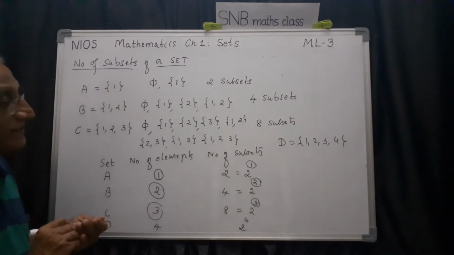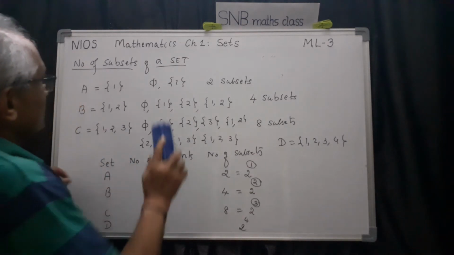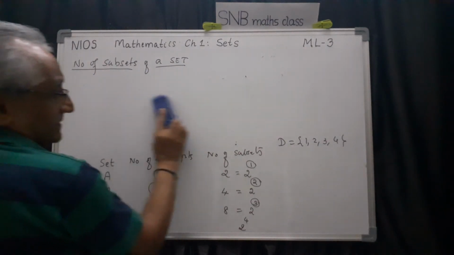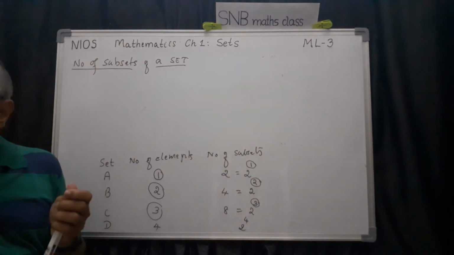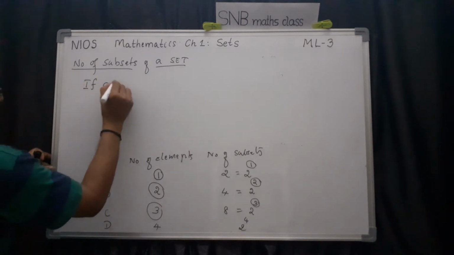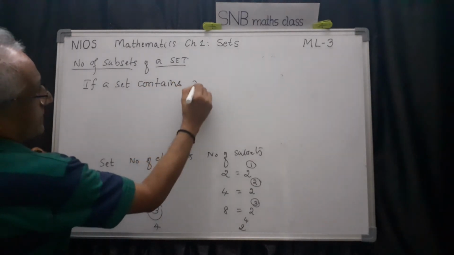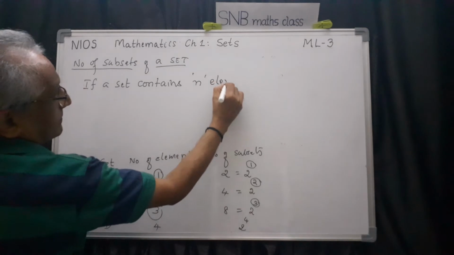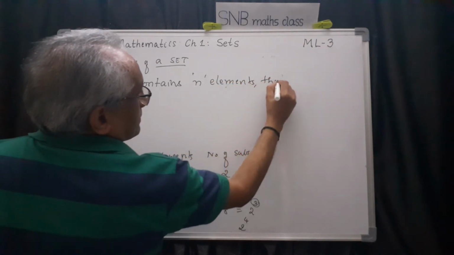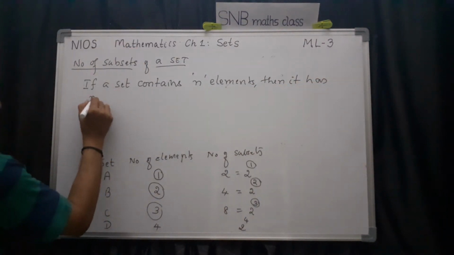So this is the relation, and this relation can be taken as a property. The property is this: if a set contains n elements, then it has 2 to the power n subsets.